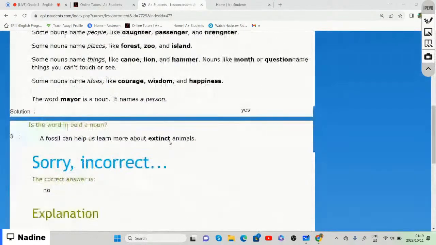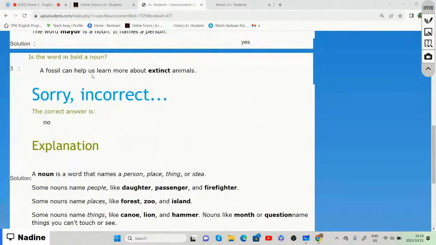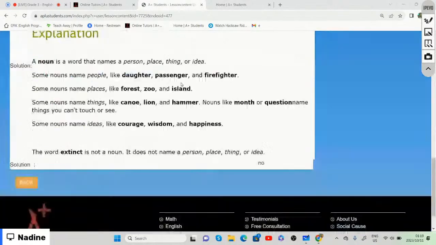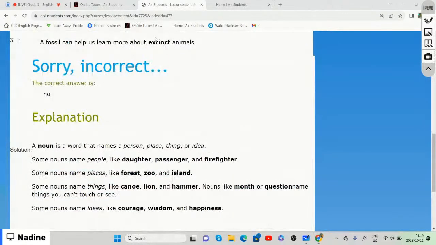All right. And then we said, a fossil can help us learn more about extinct animals. So the word extinct, is the word extinct a noun? Extinct. A fossil can help us learn more about extinct animals.